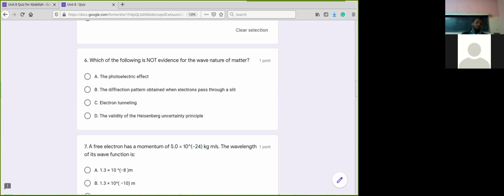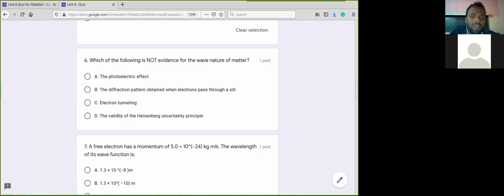So how does matter act like a wave? What was the photoelectric effect? The photoelectric effect was the evidence for electromagnetic radiation behaving as matter, yes?